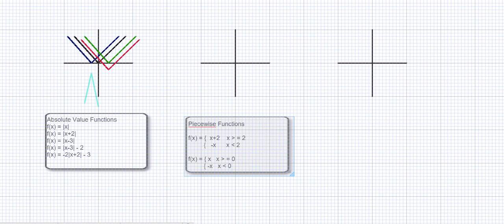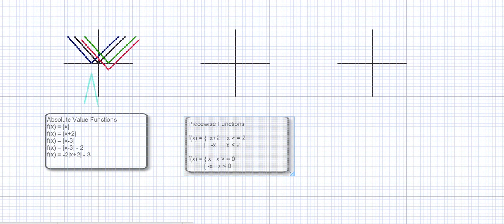So if you think of this as y equals x plus 2, whenever x is greater than or equal to 2, and this is a key, we're giving a domain here of x greater than or equal to 2. So from 2 and on to the right, it takes on the value of x plus 2, or a line that looks like that. Now the second part of it is, this function takes on the value of minus x whenever x is less than 2.